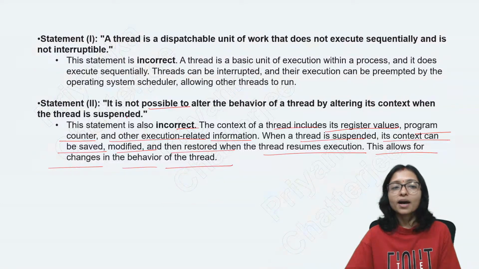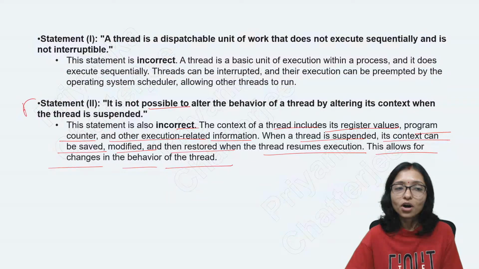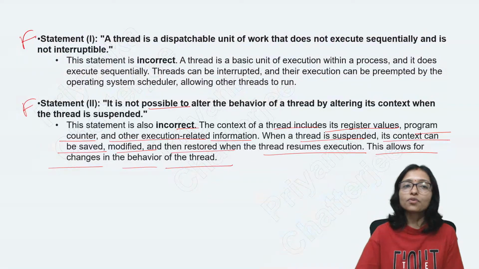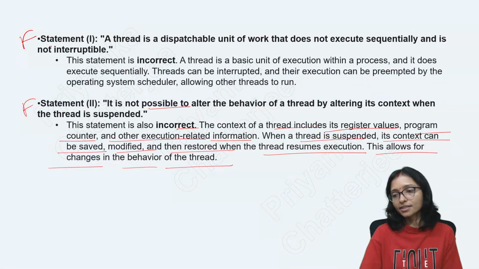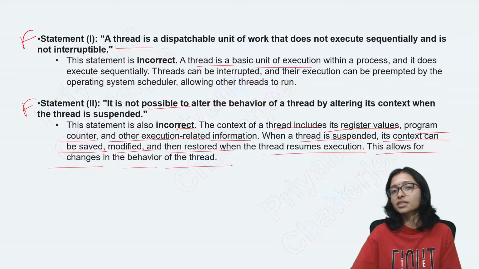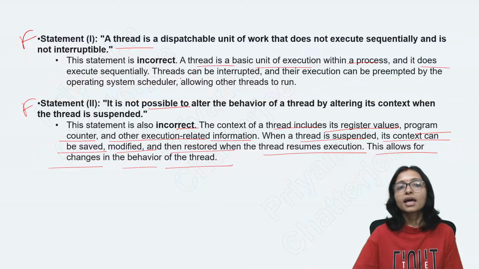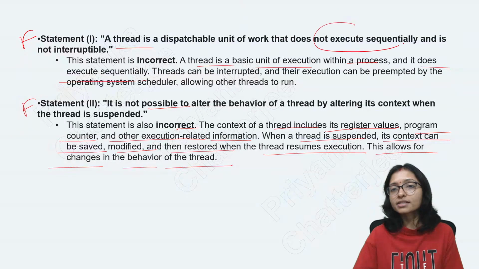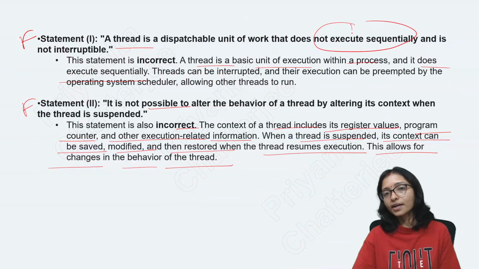Okay, so that's why this is also false and this is also false. Both are incorrect. The thread is dispatchable statement is incorrect because a thread is the basic unit of execution within a process and does execute sequentially. It is given that it does not execute sequentially. That's why it is false.